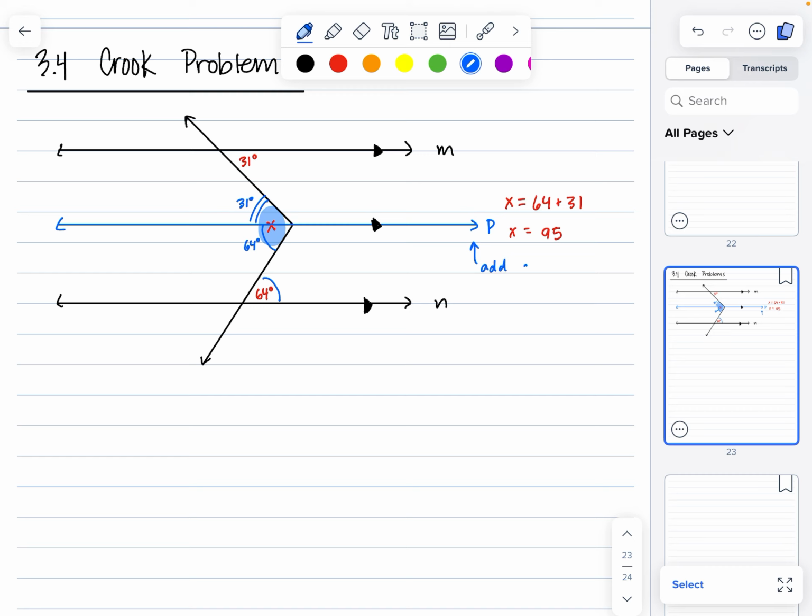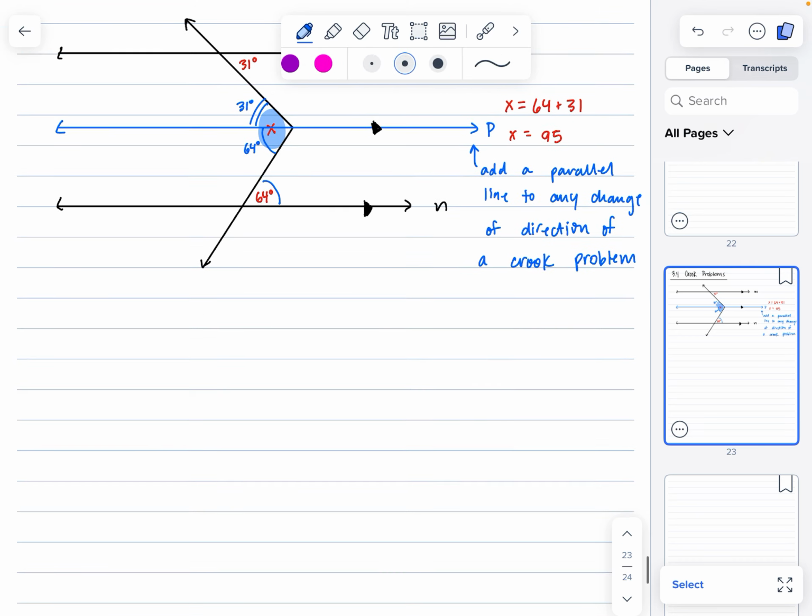Add a parallel line to any change of direction of a Crook problem. Okay, because sometimes you'll have two different changes of direction, and then you have to put a parallel line for both of them.